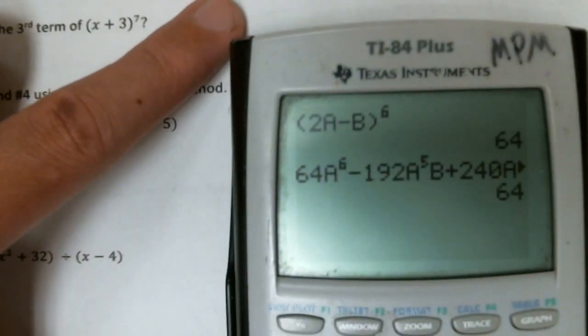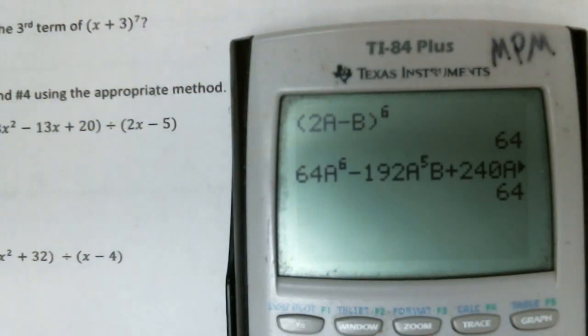Drum roll. Oh my gosh. They match. 64 equals 64.